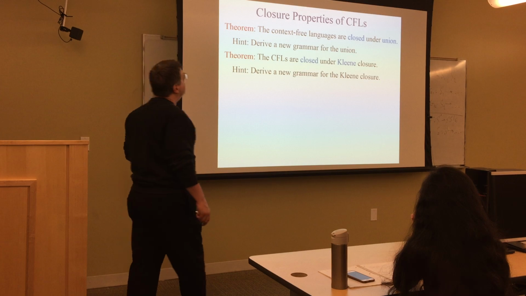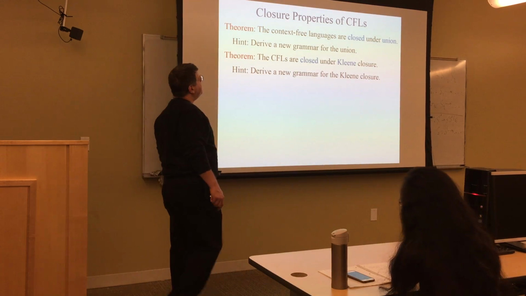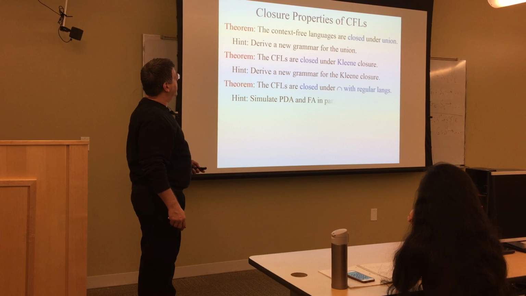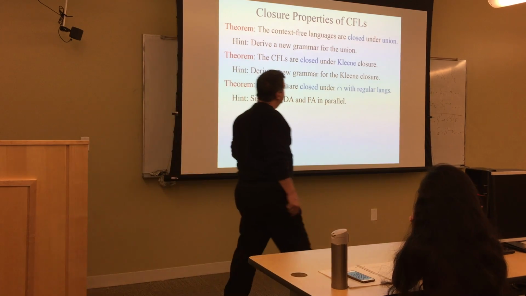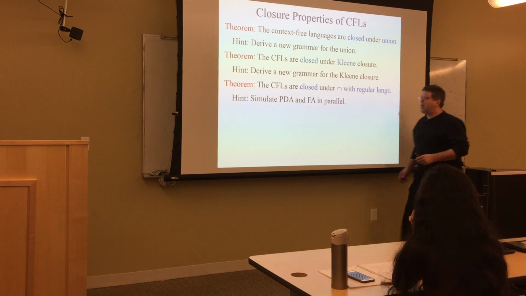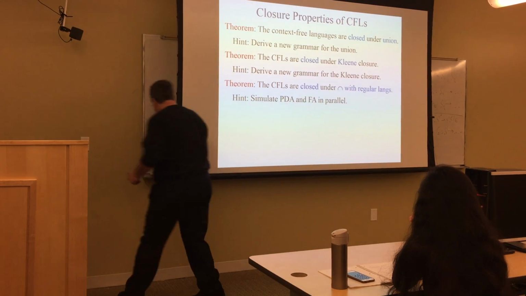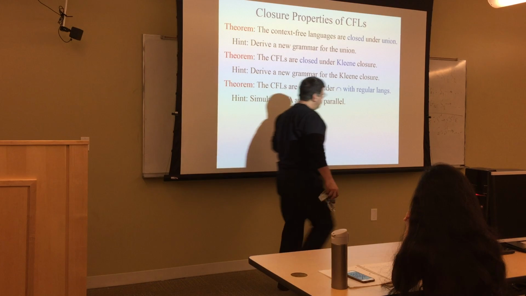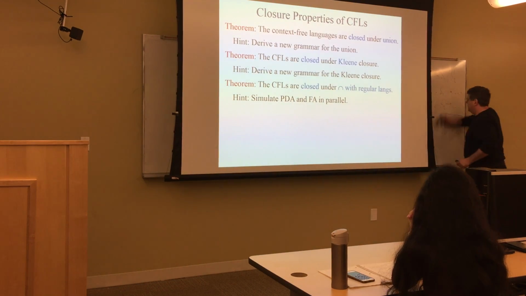Okay, so closed under the Kleene closure and closed under the intersection with regular languages. Now, let's talk about how they work, kind of as an aside. And I have some examples.